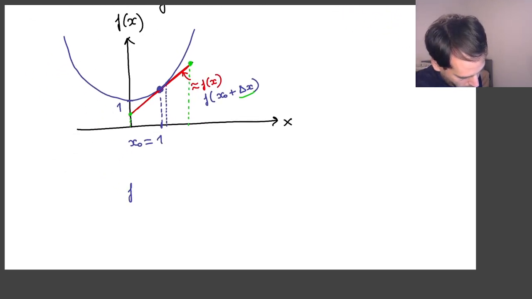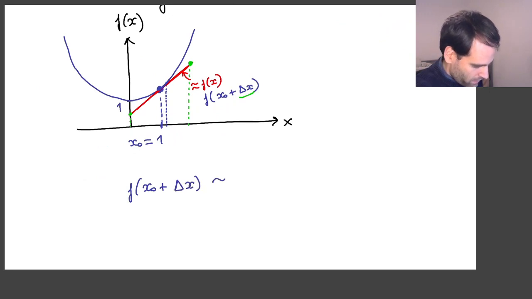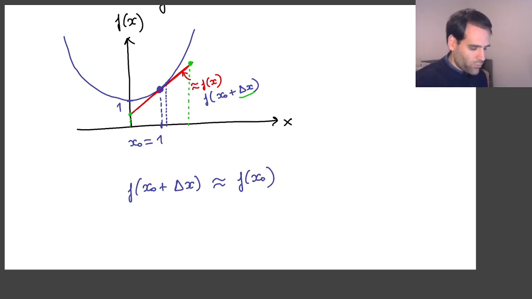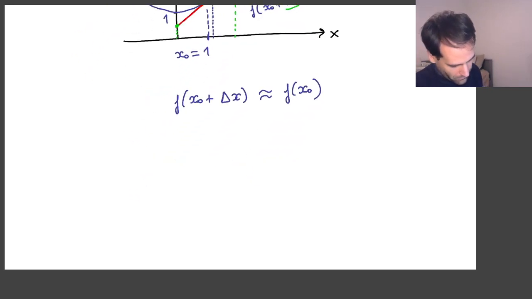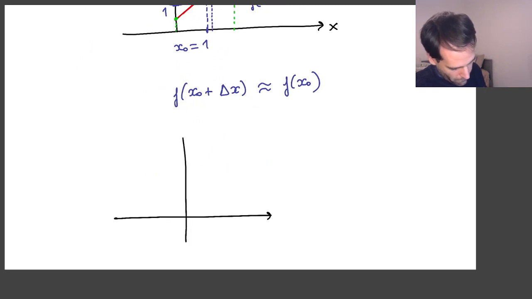f of x0 plus delta x is approximately equal to f of x0, and that would be the 0th order approximation. If we stopped here, I'm basically approximating the parabola by taking x equals 1, which is x0.